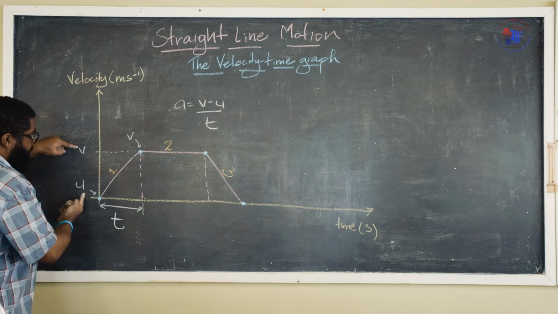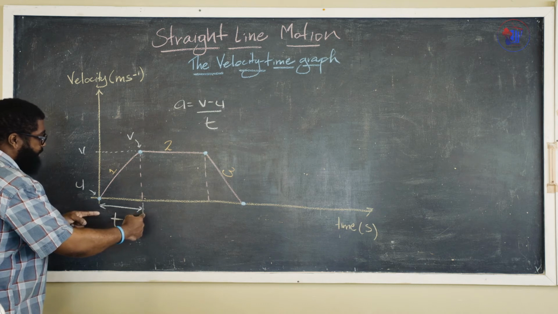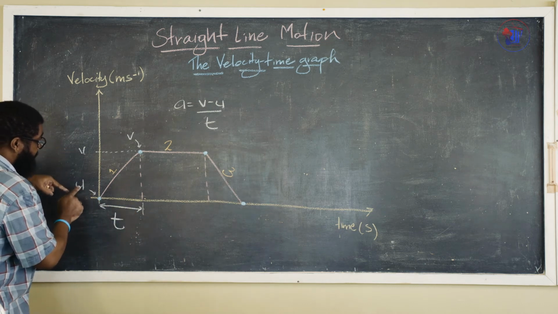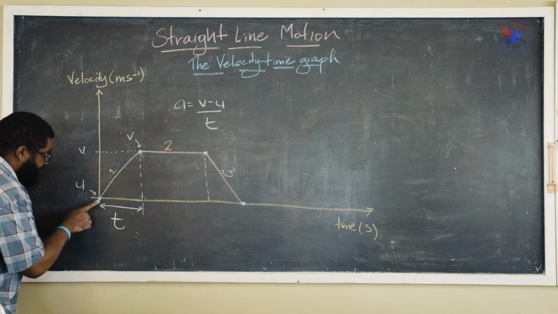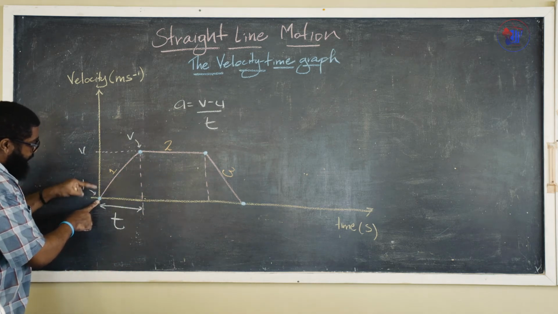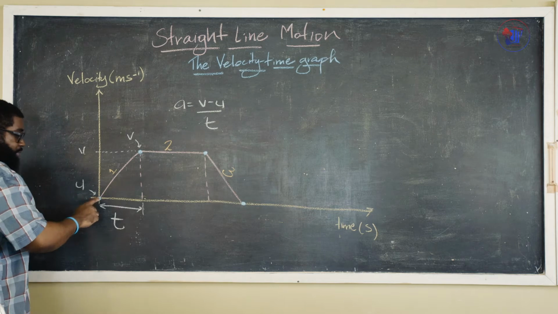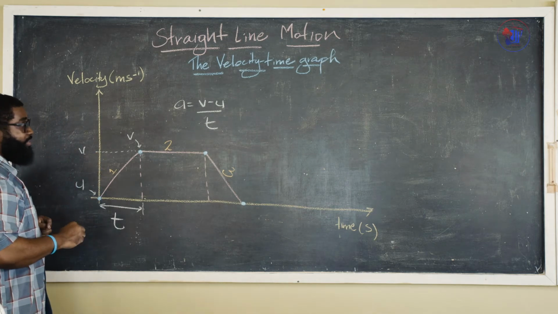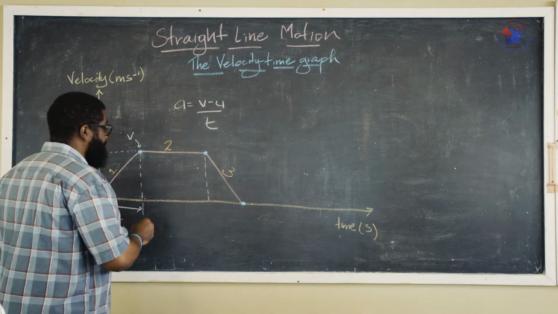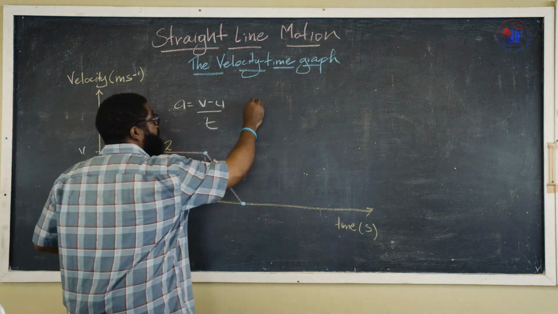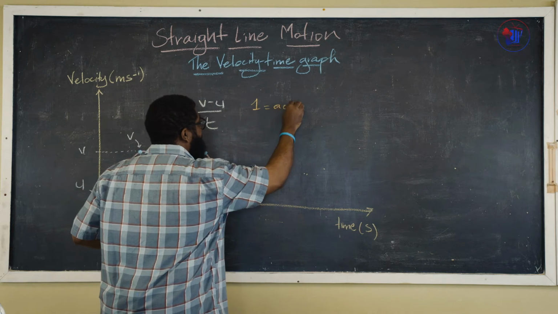We have a change in velocity over time taken. Please note that between V and U, velocity increases because U is way down here and V is way up there. Yes, it moved from 0 to a higher value. So this here is acceleration. So phase 1 is acceleration.